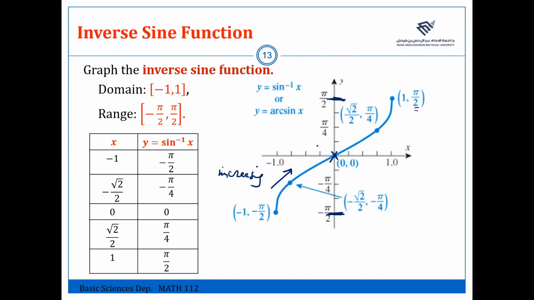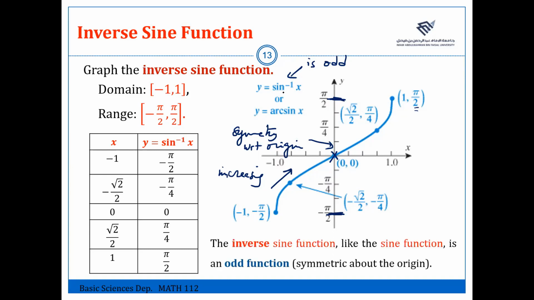We have symmetry with respect to the origin. So this function is odd. Sine is odd and sine inverse is also odd. Cosine is even, but cosine inverse is neither even nor odd. Okay, so these are the properties of this new function.